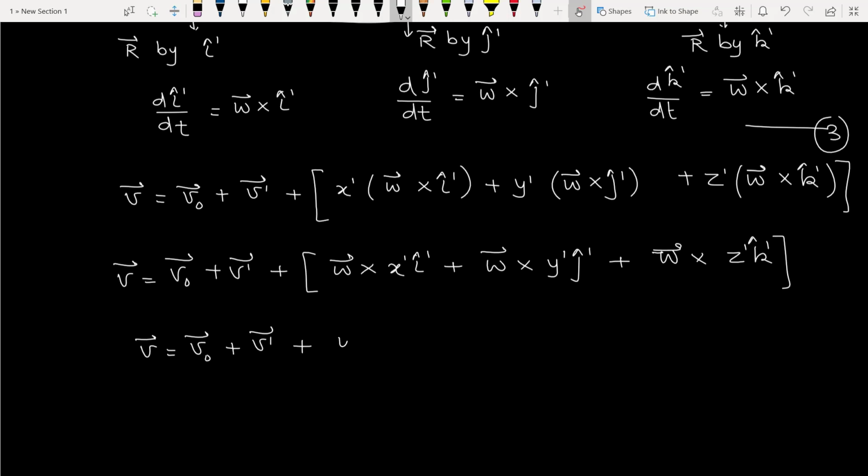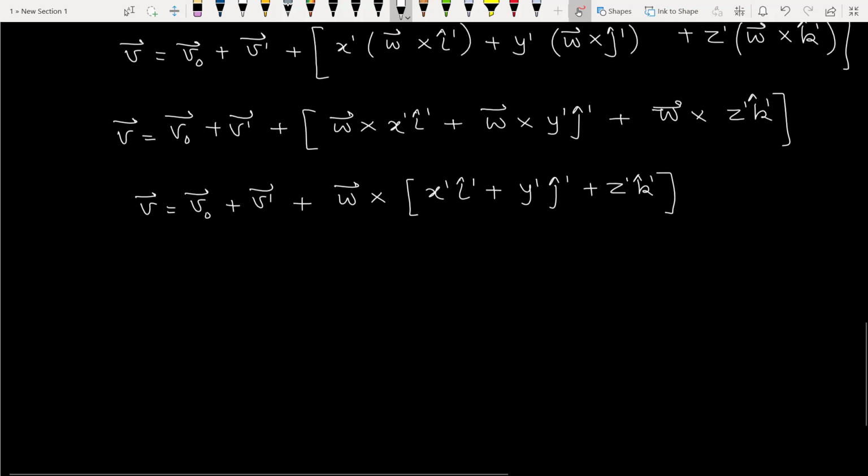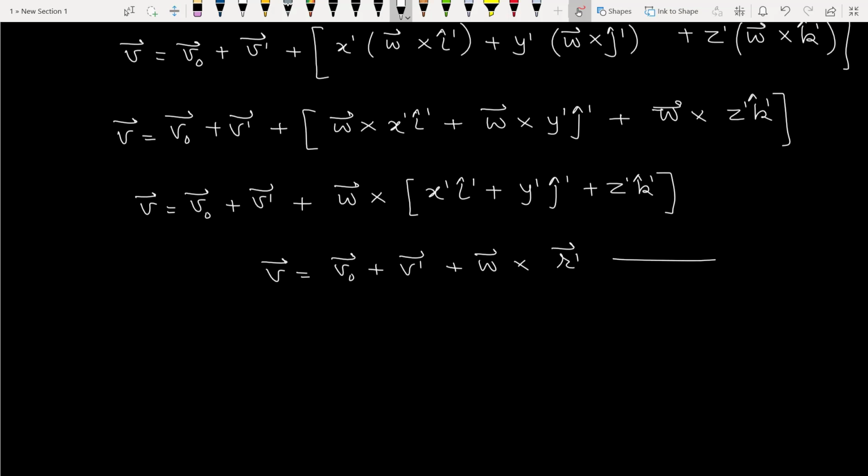So take the omega common, cross, inside it will be X dash I cap dash, Y dash J cap dash, Z dash K cap dash. So this term will become V is equal to V naught plus V dash plus omega cross R dash vector. We mark this as equation number 4.